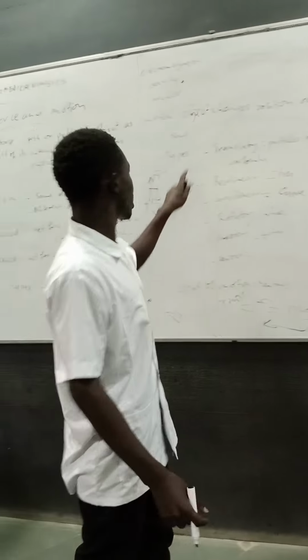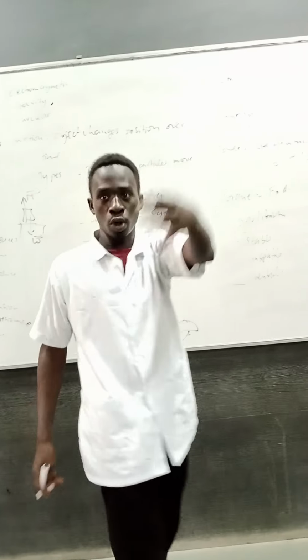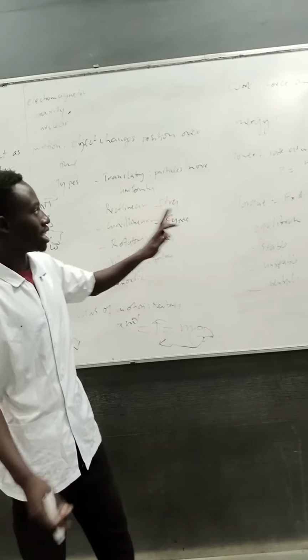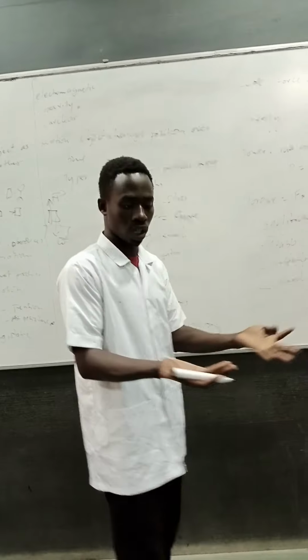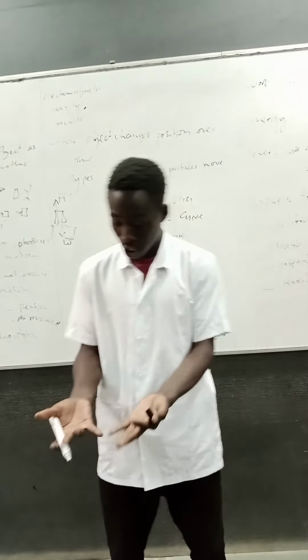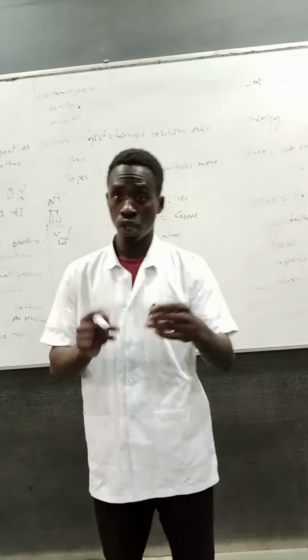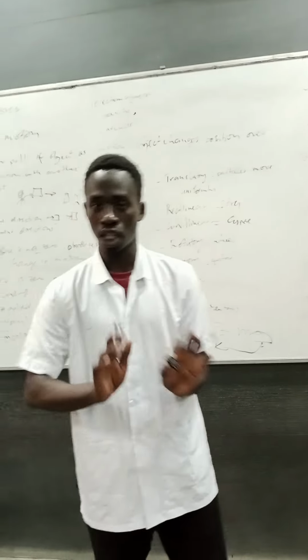Going on with this topic, you have to see work, as work is the product of force and distance. Energy is the ability to do work. There are two types of energy. There is potential energy, which is the energy due to suspension. When a body is suspended on something, that's potential energy.